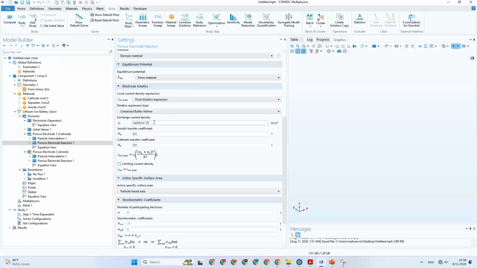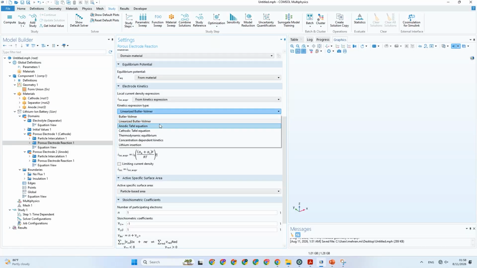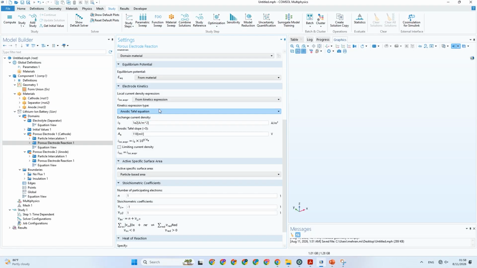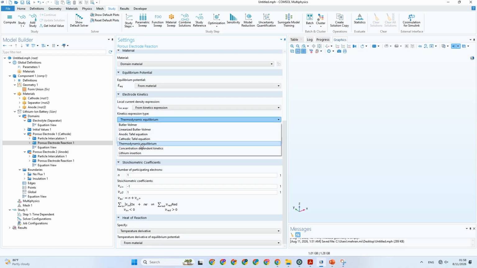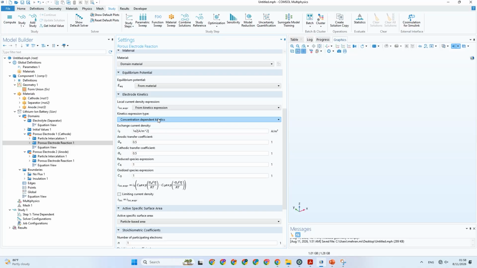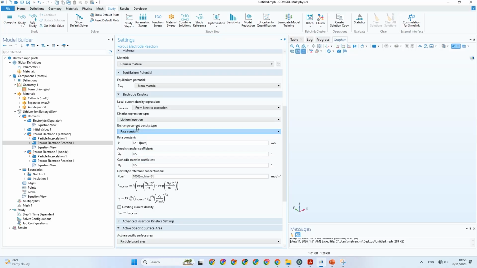If we use linearized, anode, nothing. Cathodic, nothing. Thermodynamic, nothing. And maybe we must choose lithium insertion. We can see the same equation.